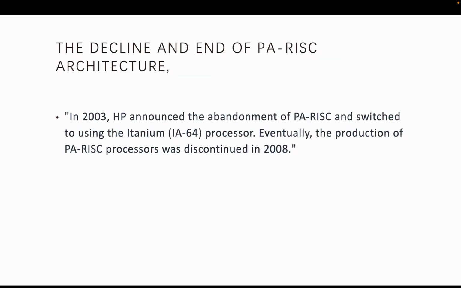But later, in 2008, HP announced the abandonment of PA-RISC and switched to using the IA64 processor. Eventually, the production of PA-RISC processors was discontinued in 2008. So that is the end of the PA-RISC architecture.